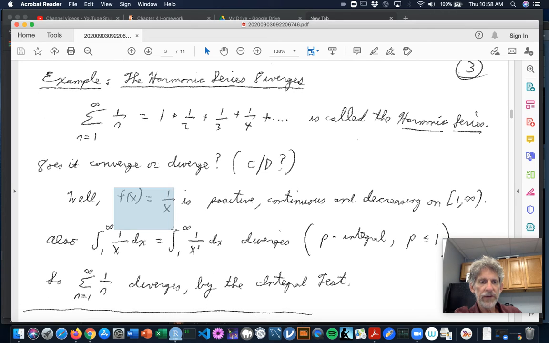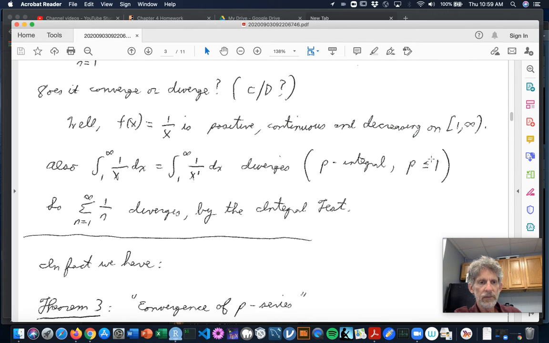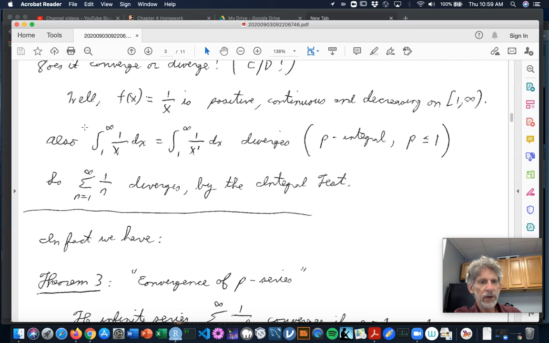Well, consider f of x equals 1 over x, the function associated with the term 1 over n. That is positive and continuous and decreasing on 1 to infinity. So let's look at the improper integral from 1 to infinity of 1 over x. Well, hey, I can write that improper integral as the integral from 1 to infinity of 1 over x to the first power.